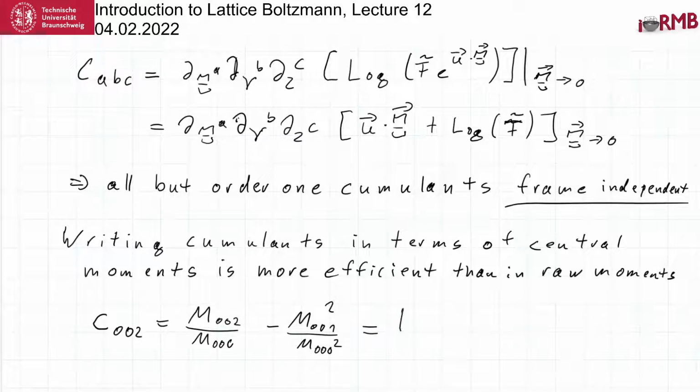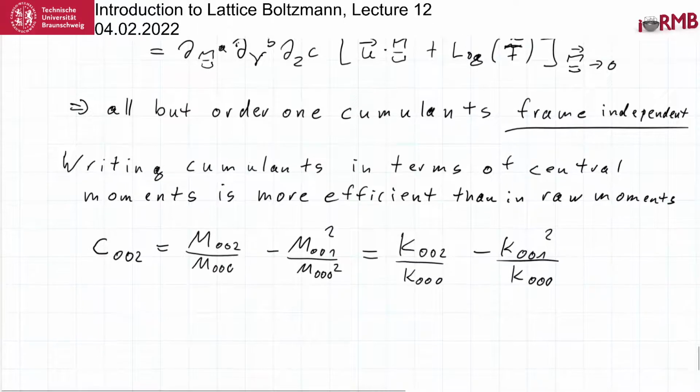And because cumulants are frame indifferent, they can be stated in the other frame too, looking like this, minus K001 squared divided by K000. So the important thing is we can use exactly the same equation for central moments and for raw moments, because cumulants do not care whether they are taken in central or in raw moments. So then what is the difference?